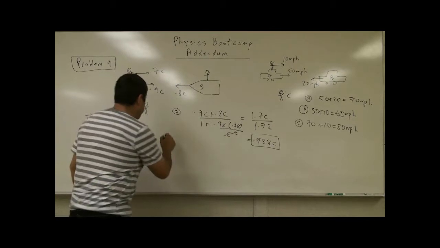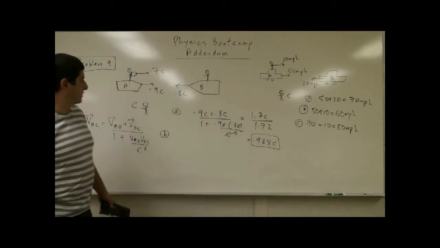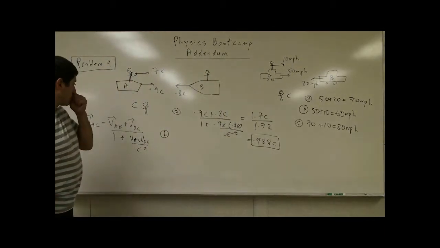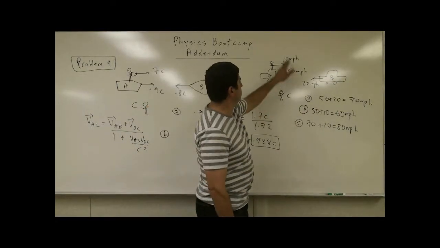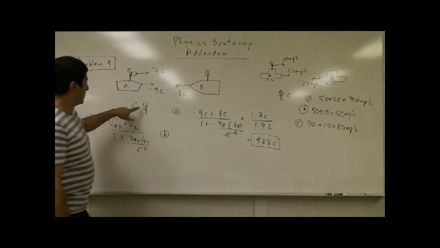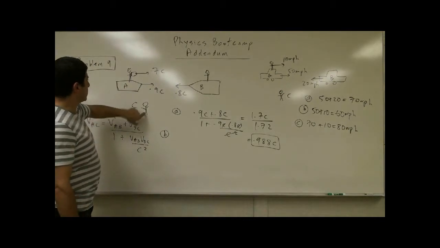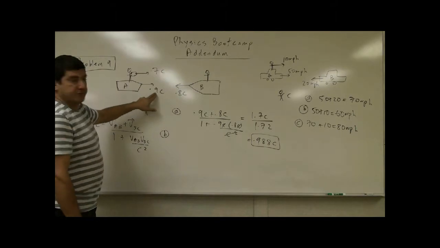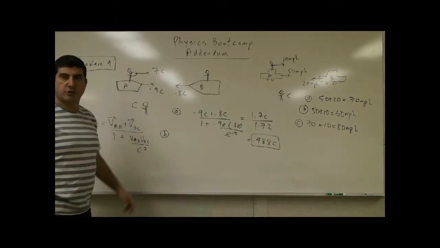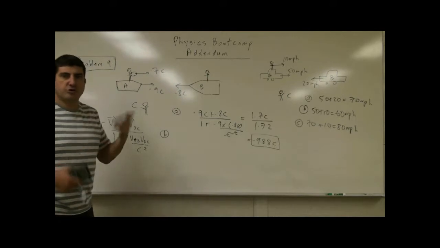Okay, so now let's answer question B. Question B is going to be what? So how fast will person C think that person A is throwing this object? Well, if you just simply added it, 0.9 and 0.7, you would get 1.6. But again, you can't just add it.